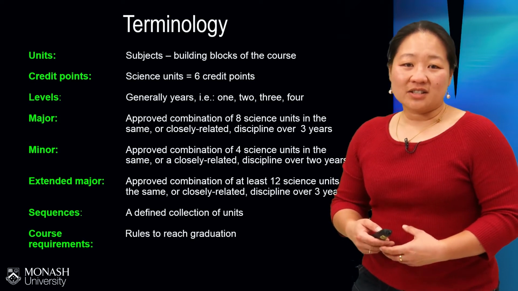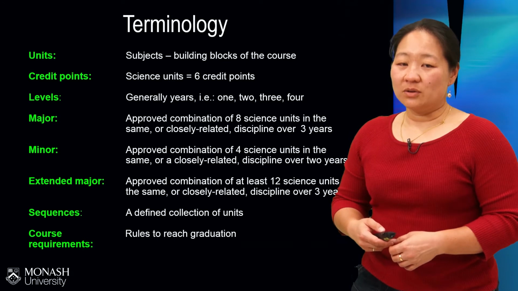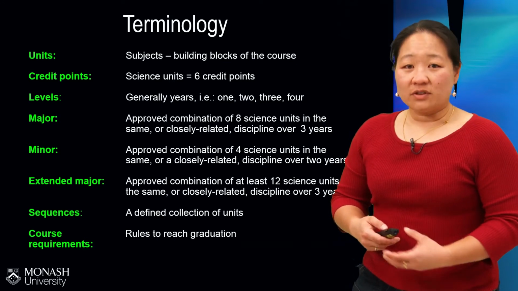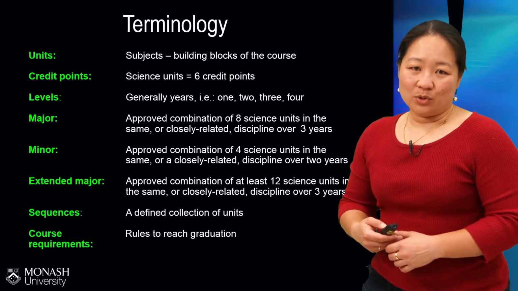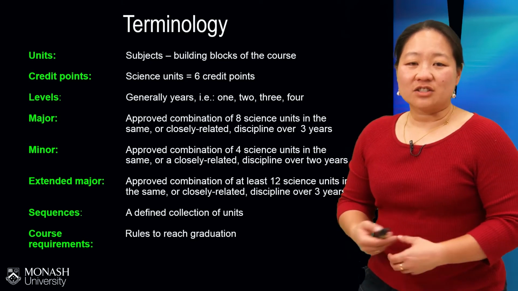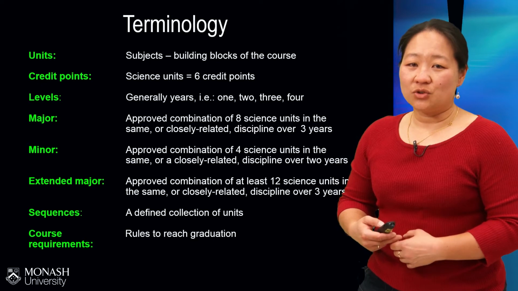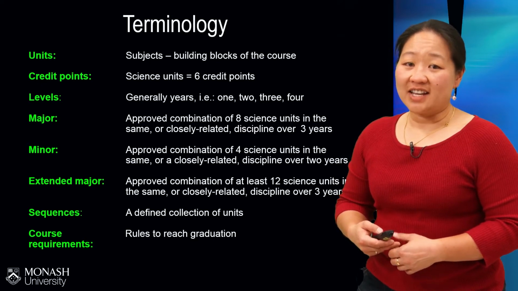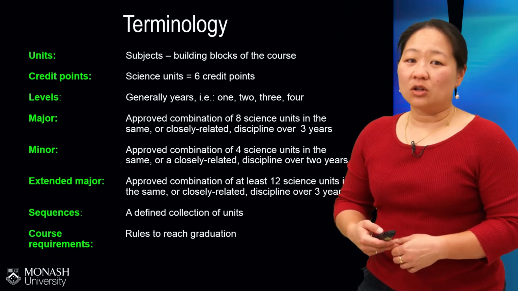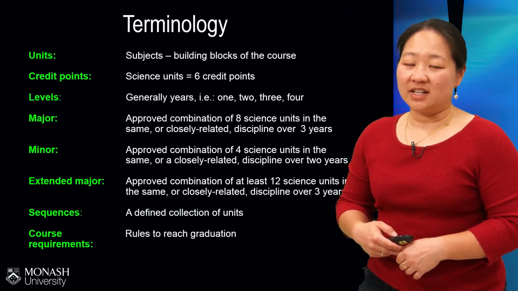Units are subjects or the building blocks of the course. Credit points refers to the science units which are weighted at 6 credit points. Levels generally describe year levels such as 1, 2, 3 or 4. And a major is an approved combination of 8 science units in the same or closely related discipline over 3 years.